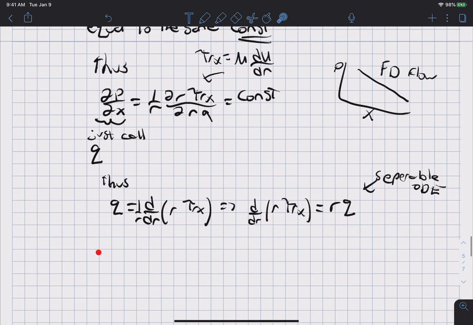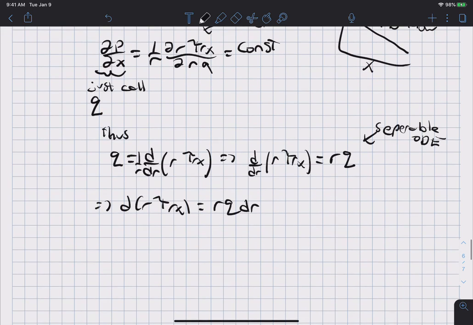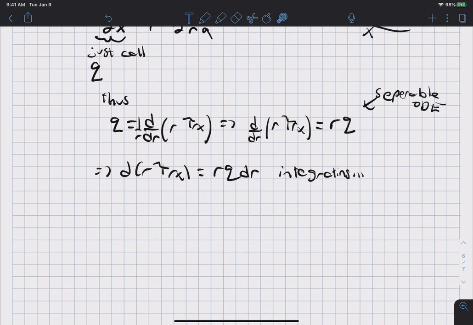And so this implies that d(r tau_rx) equals rq dr, and this is a perfect derivative, so we just integrate that. So r tau_rx equals 1/2 r squared plus some constant c1.